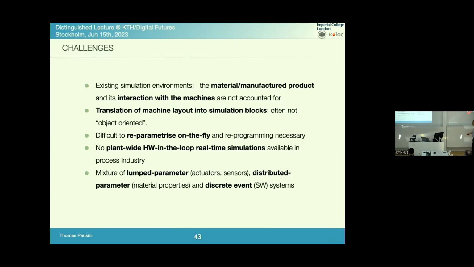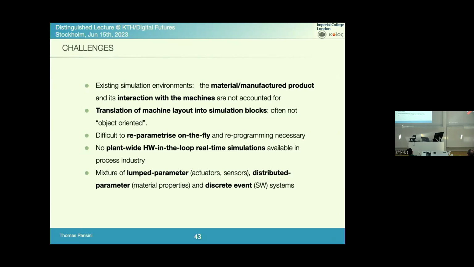Well, first of all, it's not only a kinematic simulator. It's not only a simulator that simulates the movement of pieces. The more important thing most of the time in manufacturing is that you need to model and simulate the interaction of the material that you produce, of the object that you produce, with a machine. This is typically not accounted for.